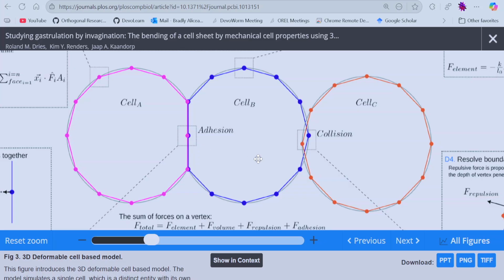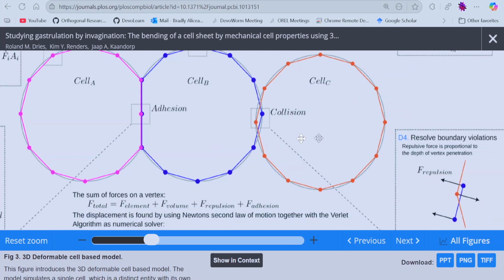So if they bump into one another, they push into one another and form something like a soap bubble, where when they bounce together, they form a flat boundary. And that's what you're seeing here with adhesion.